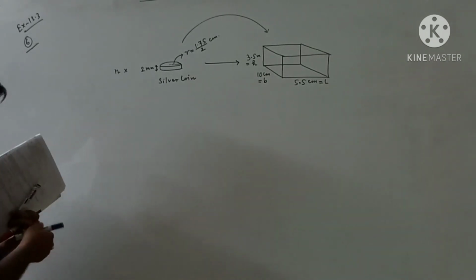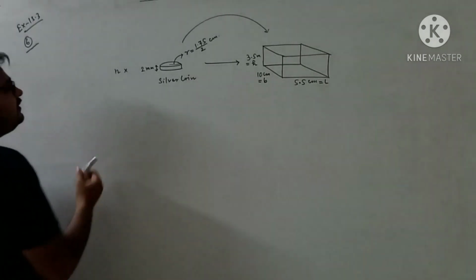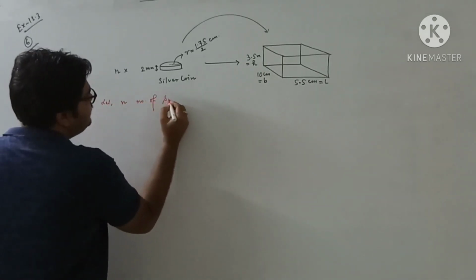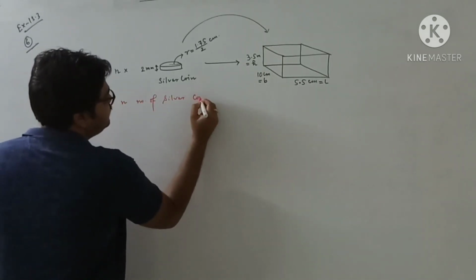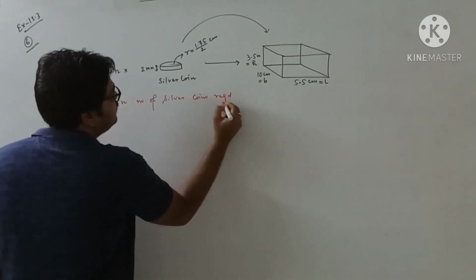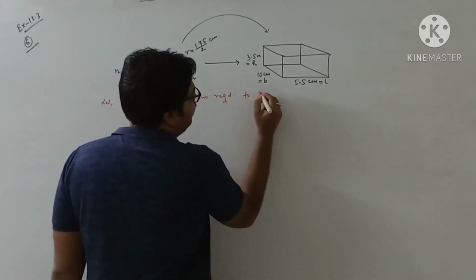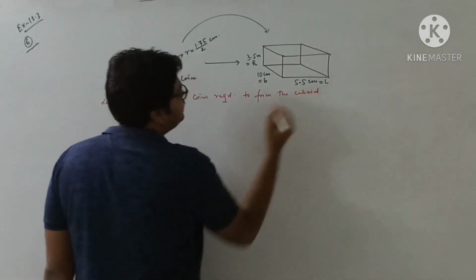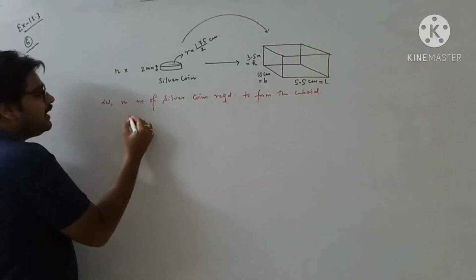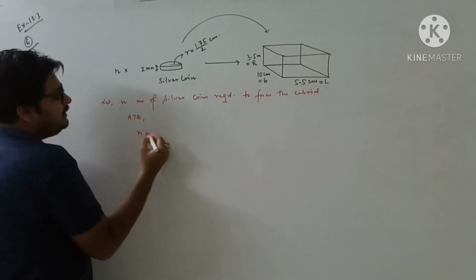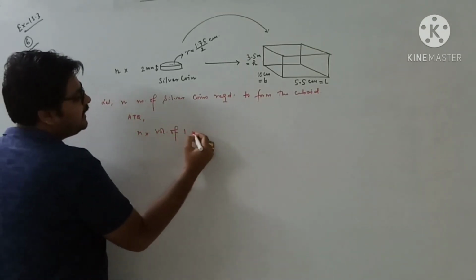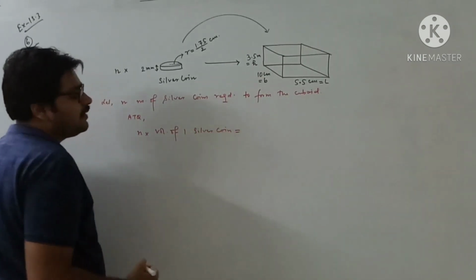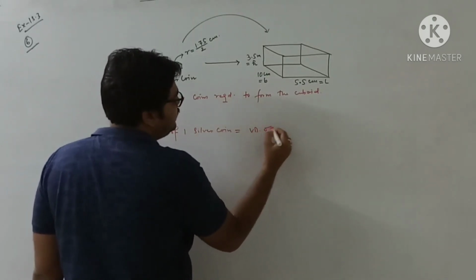So let n number of silver coins be required to form the cuboid. So according to question, n into volume of one silver coin equal to volume of cuboid.